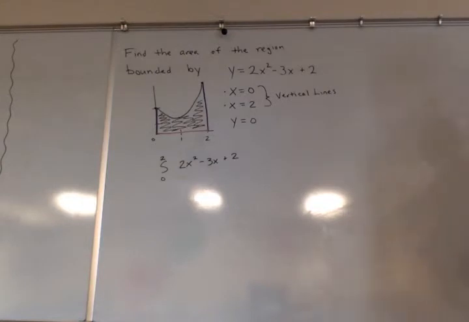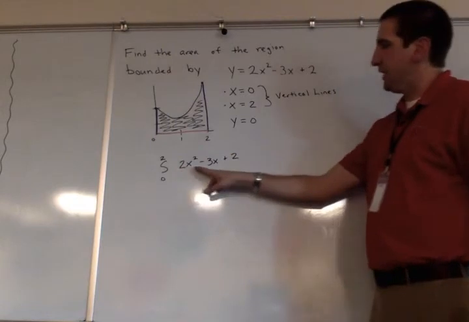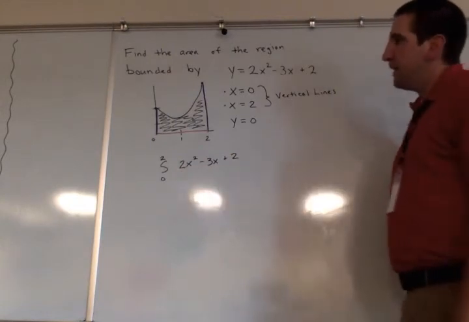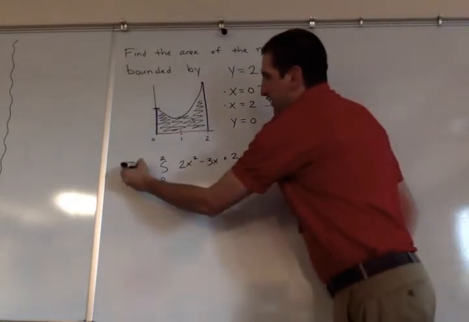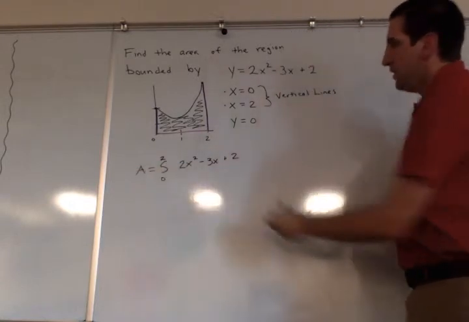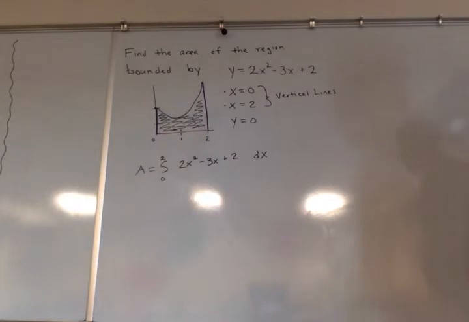So you can start to see how this is useful with these integrals to find areas of curved or just oddly shaped regions. Now that we have our integral set up, we can integrate this, substitute our upper and lower limit in, and calculate the area of this region. One thing I forgot to add was this area would equal this integral, and we're doing this with respect to x. We're using dx.